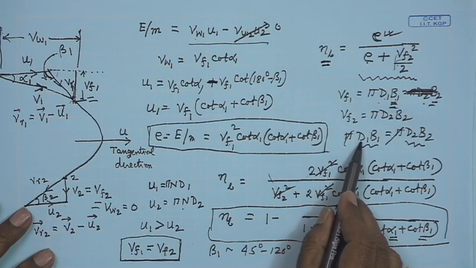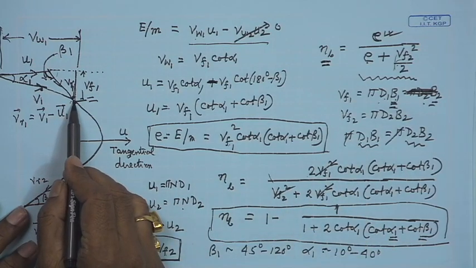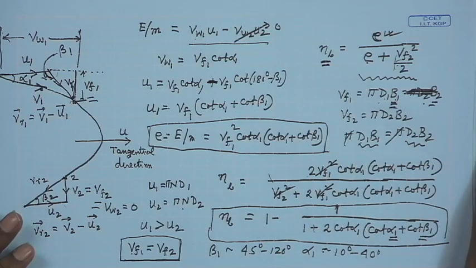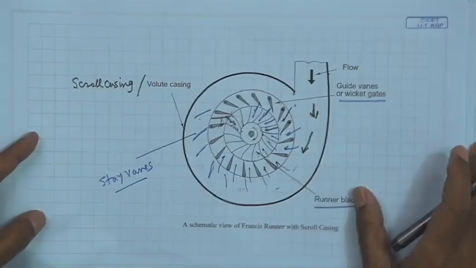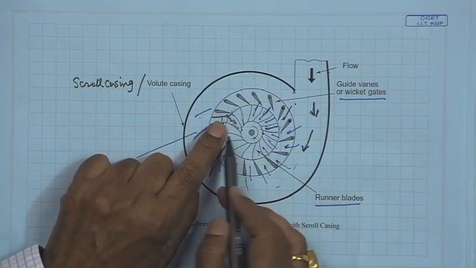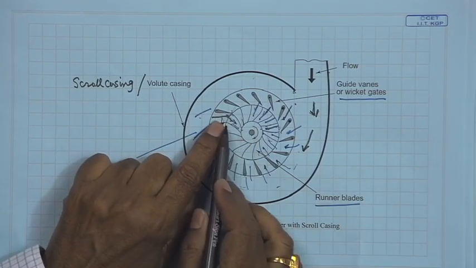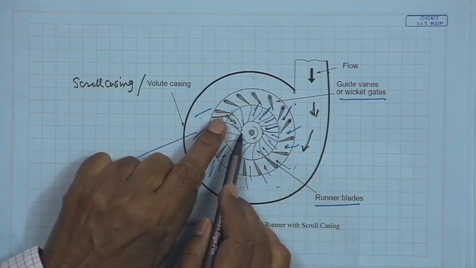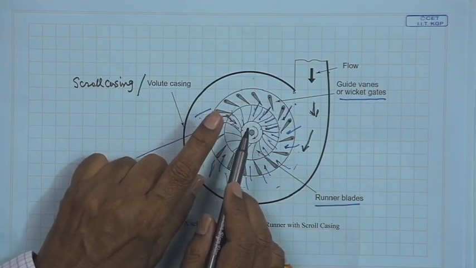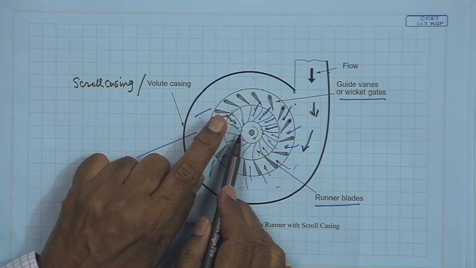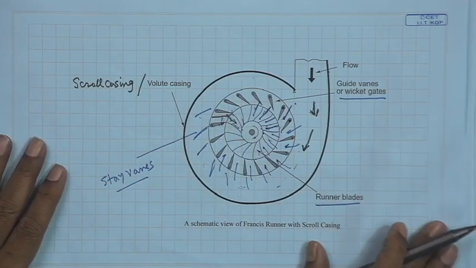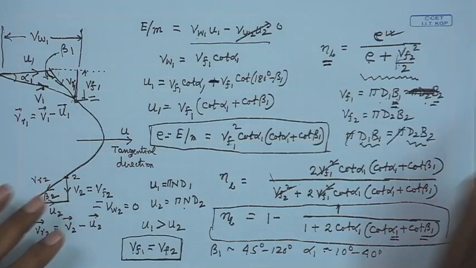Now, since d1 diameter at the inlet is higher than d2, so B1 is smaller than B2. That means, the width or height goes on increasing in the direction of flow, from inlet to outlet. That means, the height of the runner is small here and it goes on increasing at the outlet, so that the flow velocity remains same.